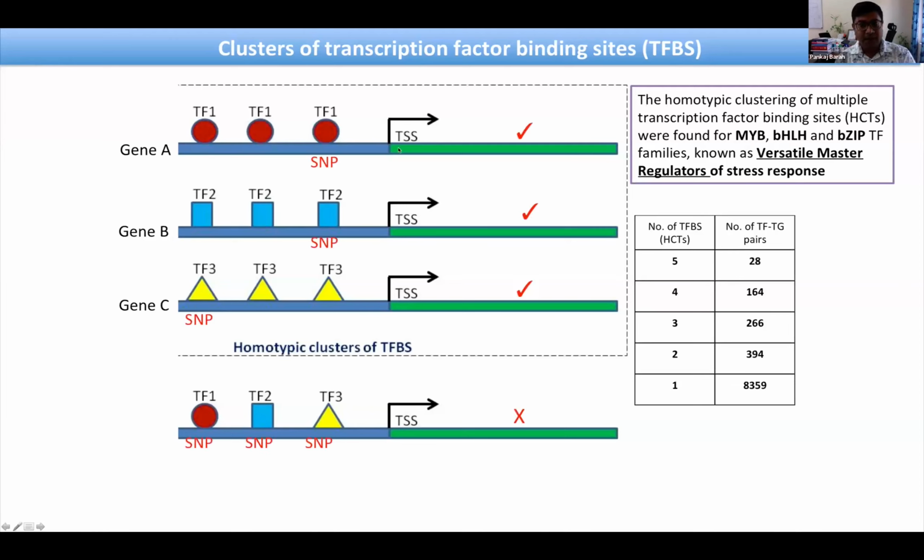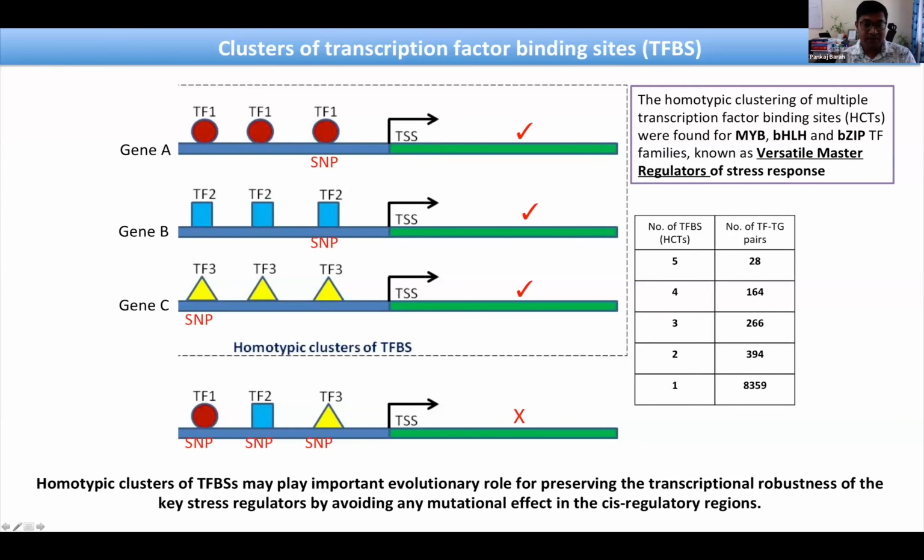We thought this might be important for conserving transcriptional robustness of the versatile master regulators, so that even if some binding sites are disrupted because of mutations or any other event, the versatility of the core stress response mechanism of the plant will still be intact.